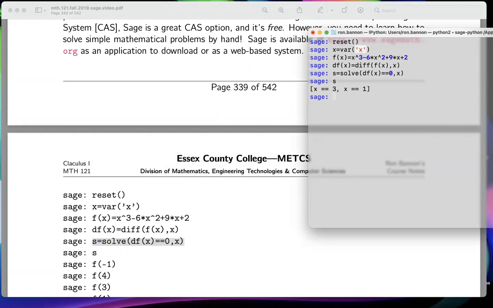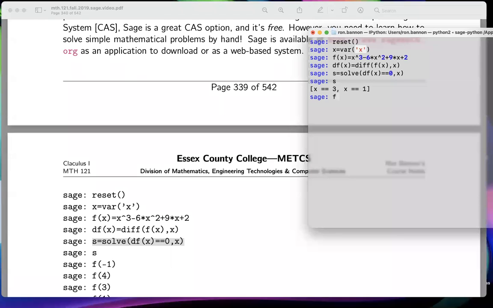So this looks like we could probably have done that by hand. If we took the derivative and solved for 0, well, the derivative of that cubic would be a quadratic, and quadratics are fairly easy to solve. It says the roots of that quadratic, when it equals 0, would be 3 and 1.